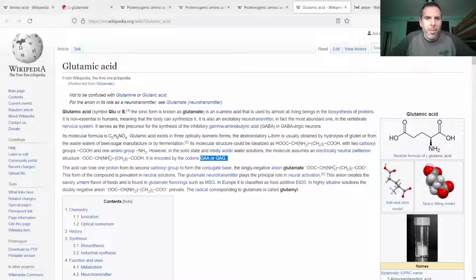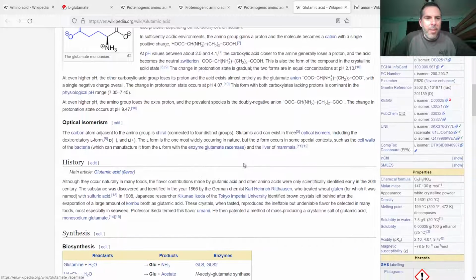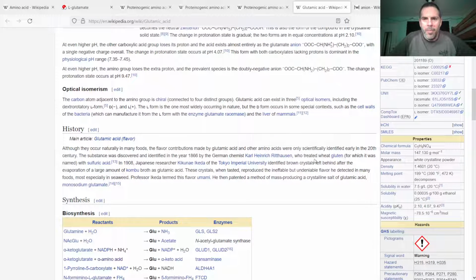Probably don't need to mention this, but I did talk about codons last time, so you can see that there are 2 codons that during translation signify glutamic acid should be the amino acid. Glutamic acid was named after gluten. They treated gluten with sulfuric acid as part of the way they discovered this amino acid.